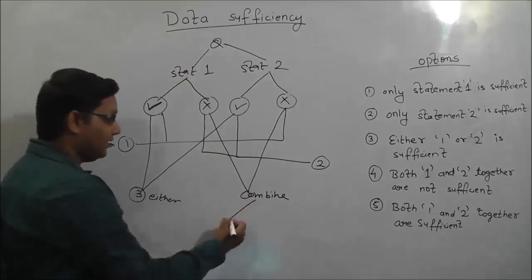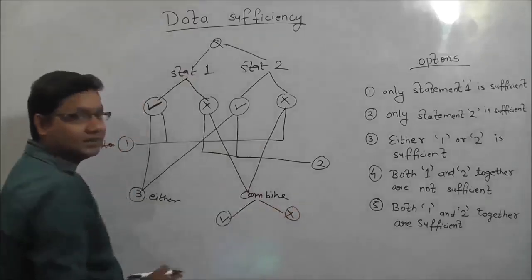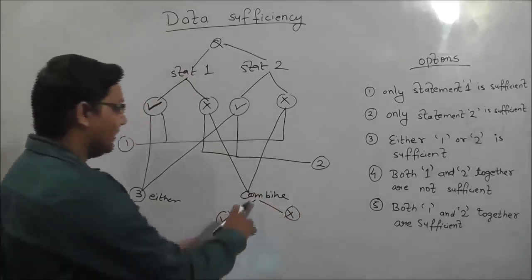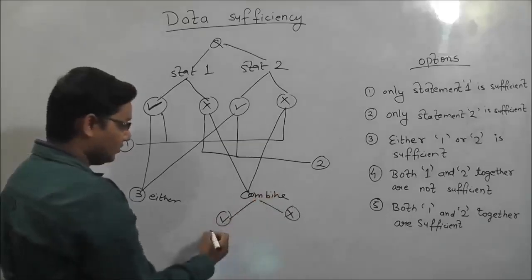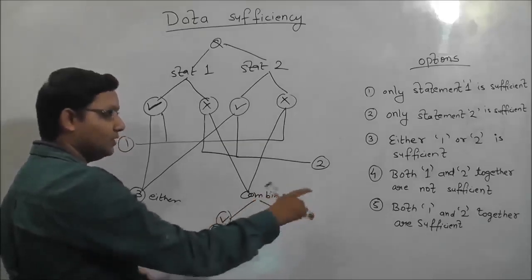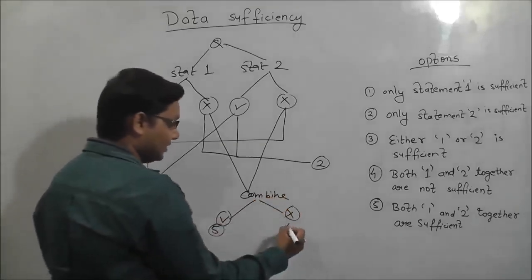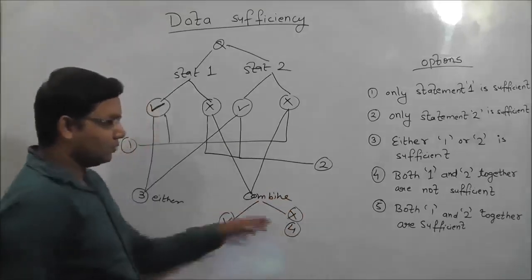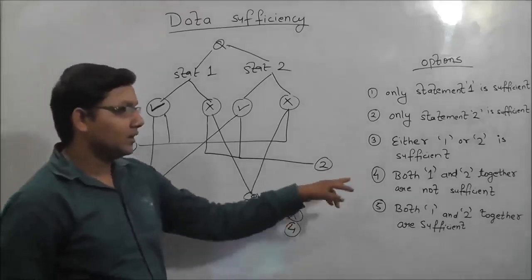By combining, two conditions are possible. If we are getting the answer, it means option 5 is correct, meaning both of them together are sufficient. And if we are not getting the answer, it means both together cannot give the answer, so our fourth option will be correct, both of them are not sufficient.